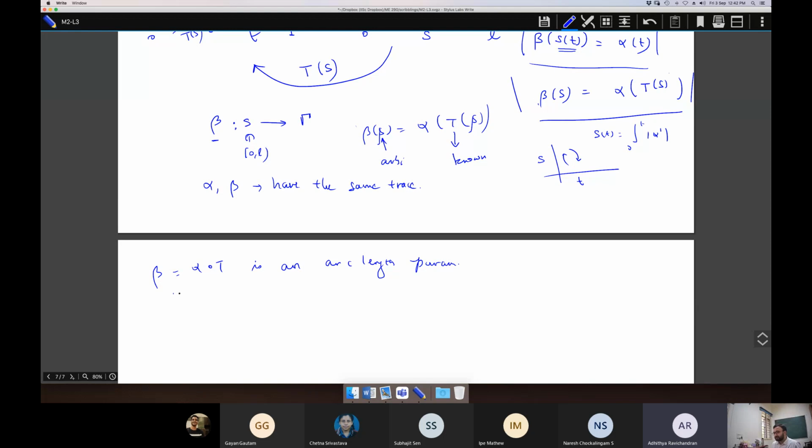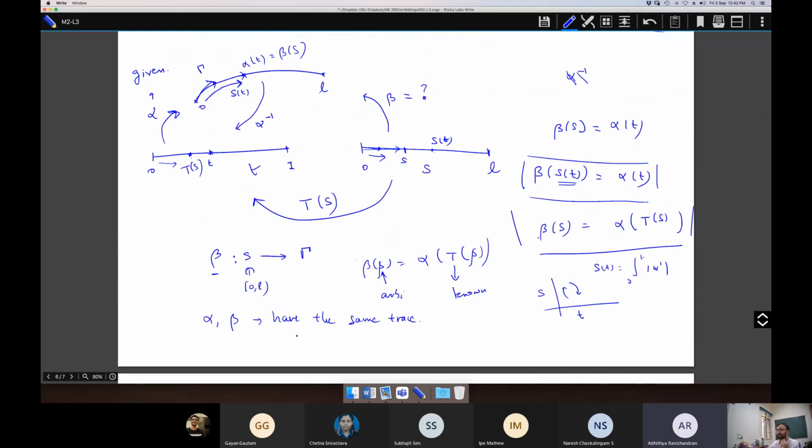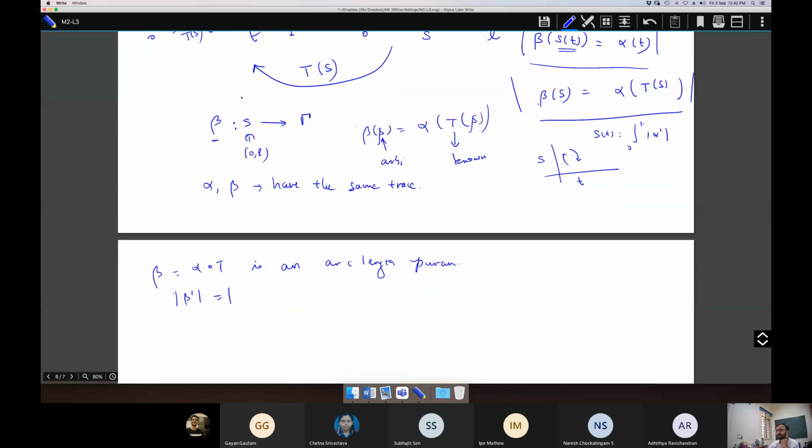Beta dash has to be greater than 0. Beta dash has to be exactly 1. That's what it means to parameterize by arc length. If I walk a distance S here, I should walk a distance S here. That will happen for any arbitrary S only if the speed of the parameterization is 1.